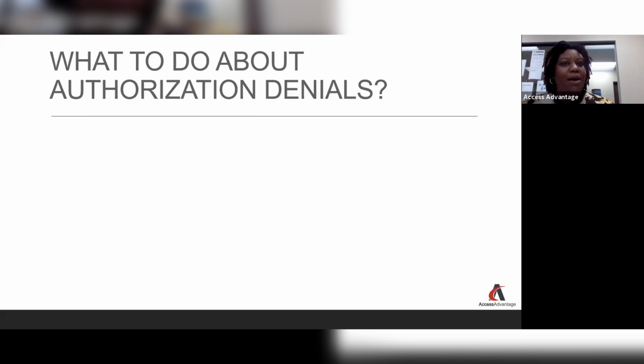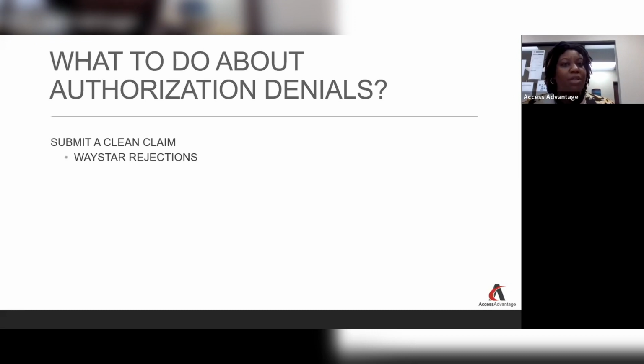So what do you do about your authorization denials? There are a few ways to approach this. You can submit a clean claim, or basically just submit the claim the way the services were actually authorized. We put a few things in place so that you can head off these authorization denials before you actually bill the claim.